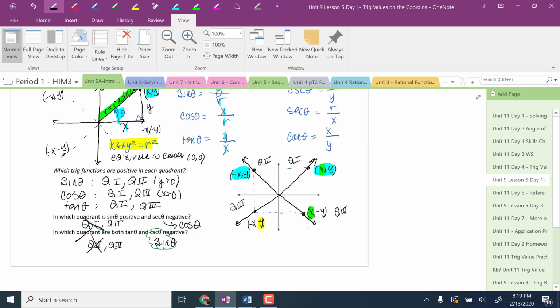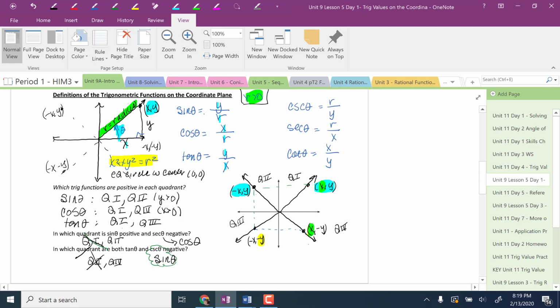Based on that information and how we construct our sine, cosine, and tangent ratios, we can come up with some rules. The sine function is going to be positive in quadrants 1 and 2 because our y-coordinate is positive. And our cosine function is going to be positive in quadrants 1 and 4 because our x-coordinate is positive there.